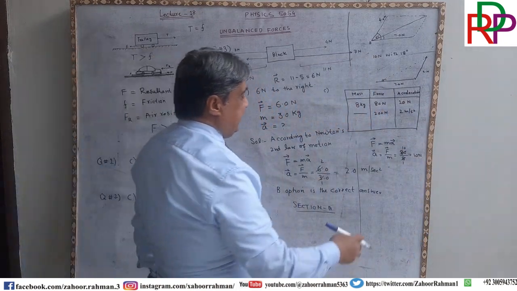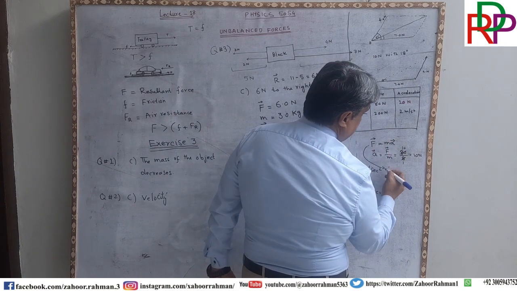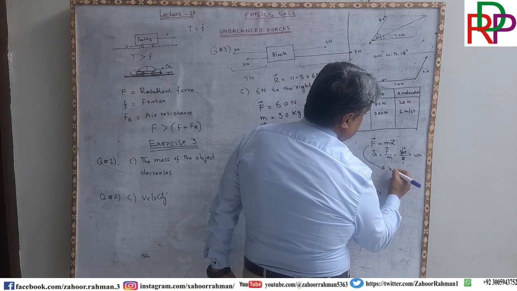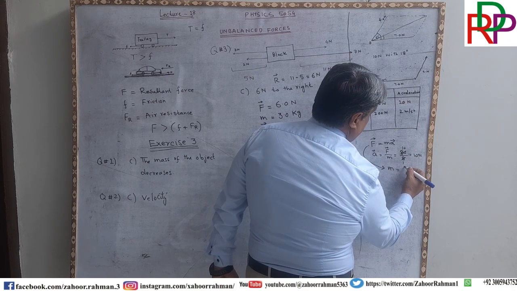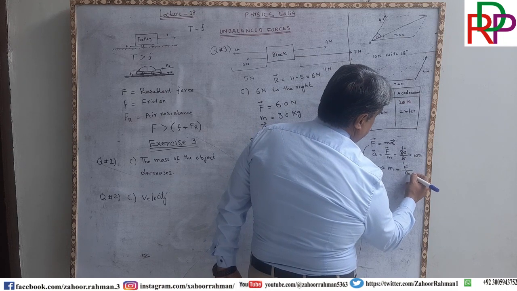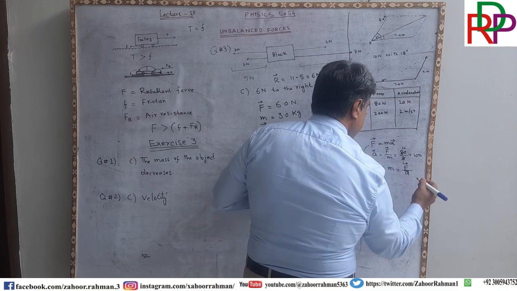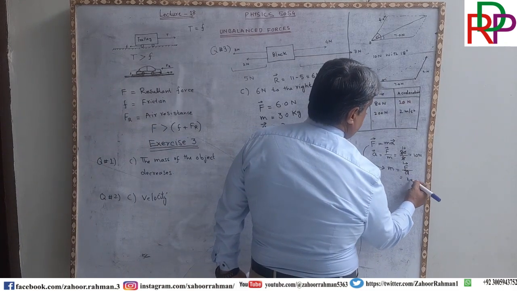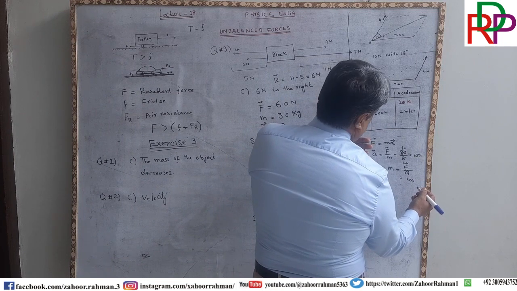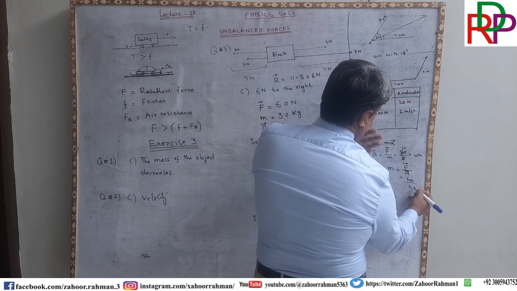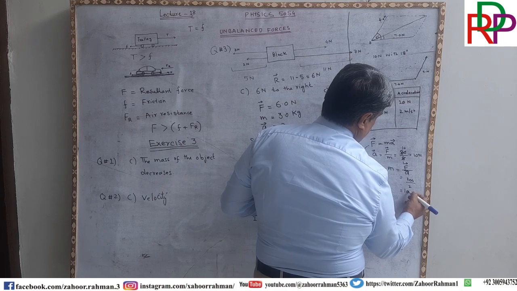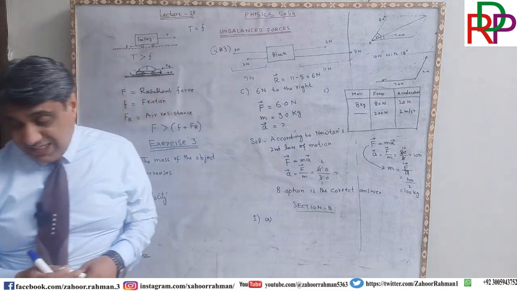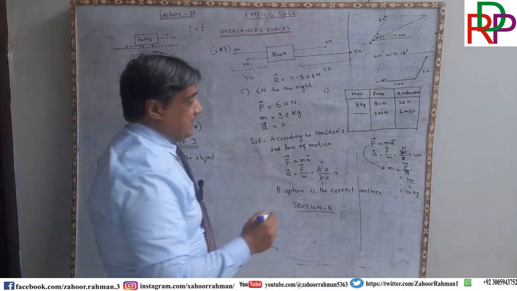Now, we can find the mass by this formula: m = F divided by a. So F is given as 200 and a is given as 2. So it means there will be 100 kilogram of mass. So in the second case, you can find it like this.